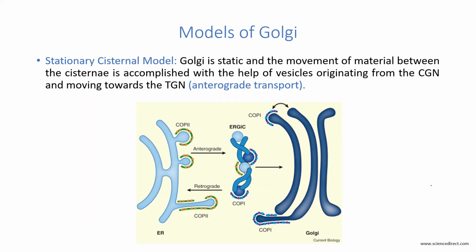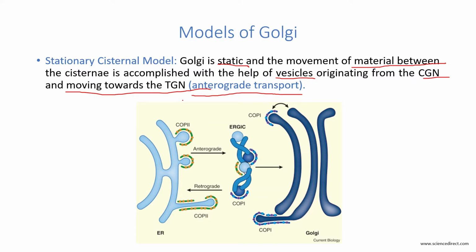So the first model, the stationary cisternal model, states that Golgi is static, and the movement of materials between the cisternae is accomplished with the help of vesicles originating from the cis-Golgi network. These vesicles move towards the trans-Golgi network in something that is called anterograde transport.